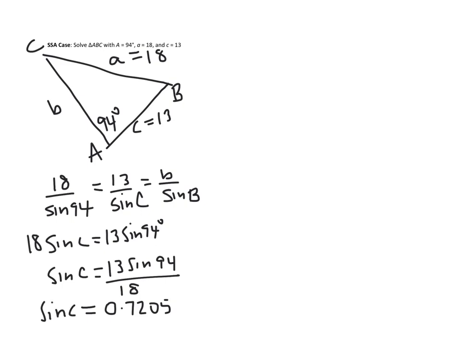So I'm going to find the angle. To find the angle, remember we use the sine inverse. So I'm going to use sine inverse of 0.7205, which, when I put it in the calculator, is 46.1 degrees.